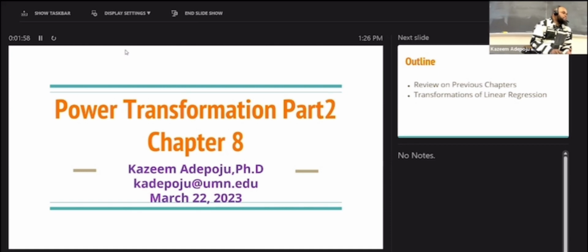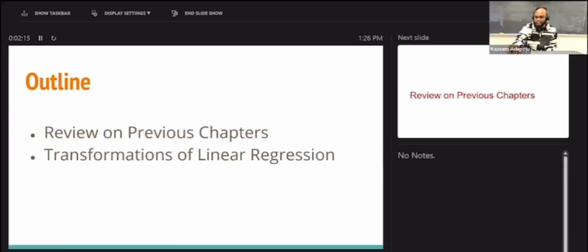The idea of transformation is to fix a problem, which means one of the assumptions has been violated and we needed to fix that. In the outline, I'm going to have a review of previous chapters, then transformations of linear regression.